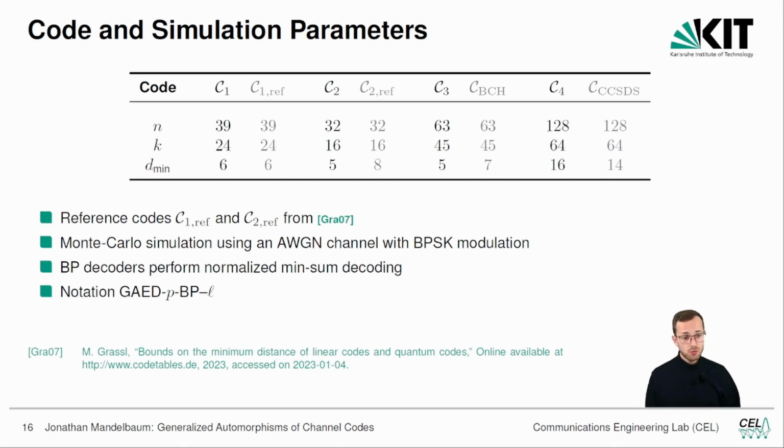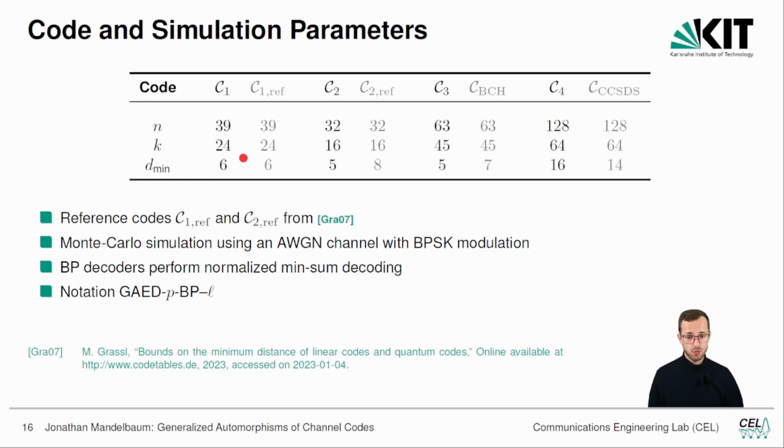I was able to construct different codes with the proposed construction method with different block lengths and different numbers of information bits, and we can see that the minimum distance is often comparable to the reference code. The reference codes C1 and C2 are taken from web page code tables, where the reference codes for C3 and C4 are a BCH code and a CCSDS code respectively.